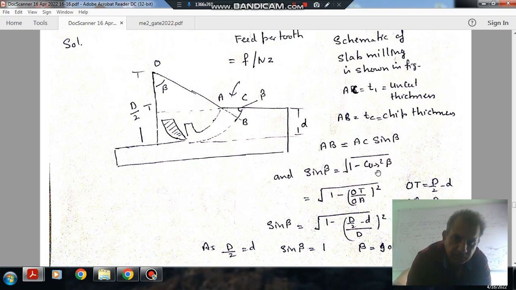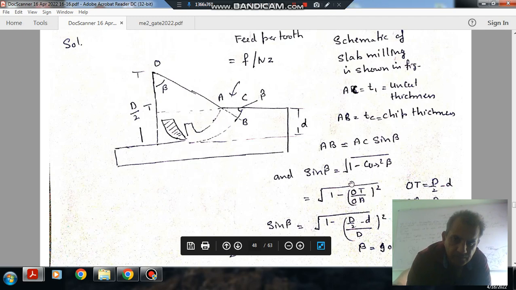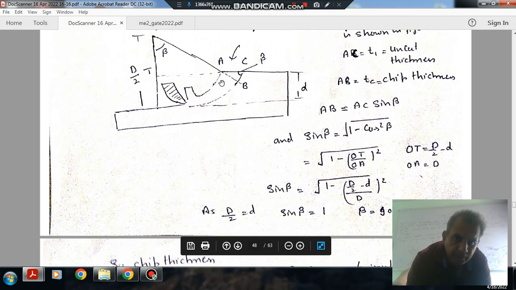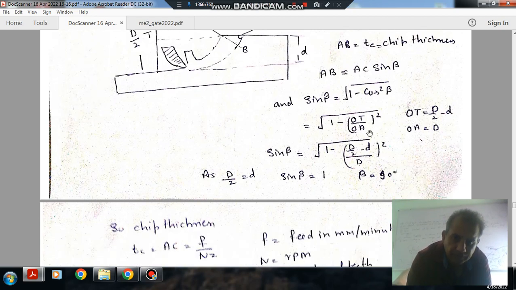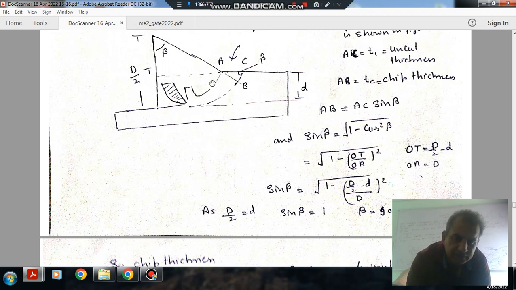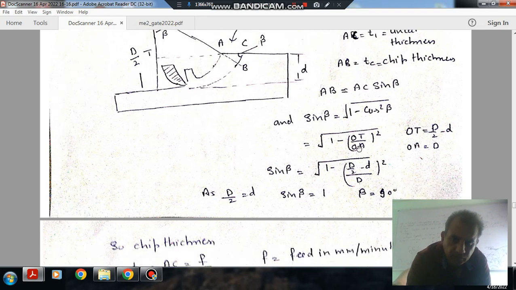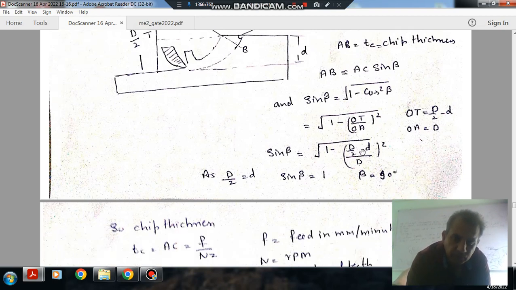Sin beta is the square root of 1 minus cos square beta, and cos beta is OT by OA, where OT is the base and OA is the hypotenuse. OT is D by 2 minus the depth of cut d, and this is OA. So as D by 2 is equal to d, sin beta will be 1 and beta will be 90.